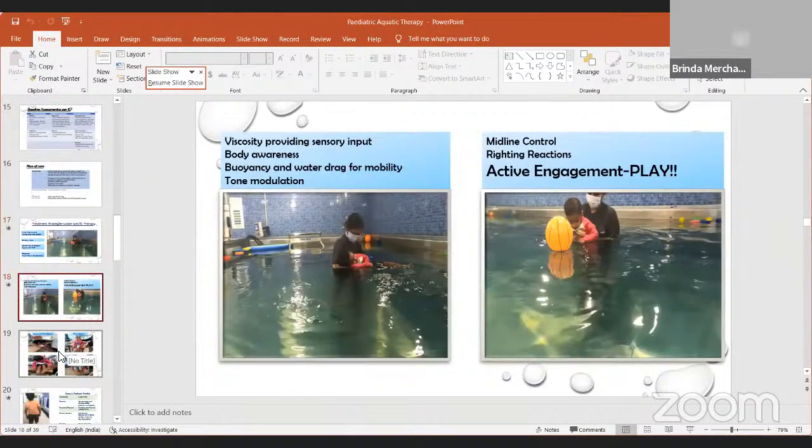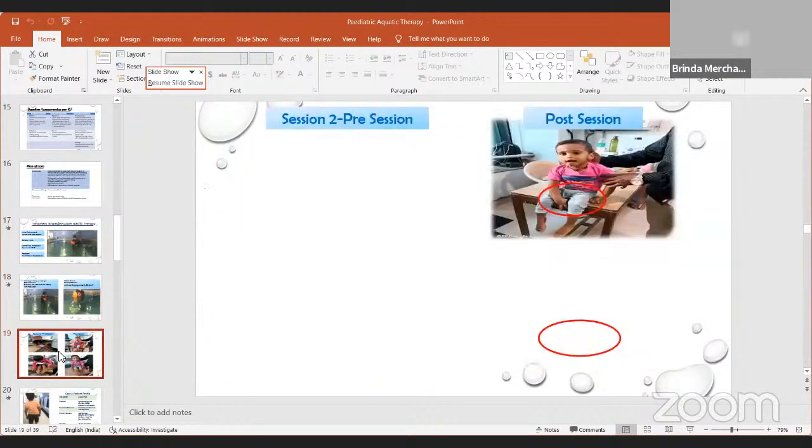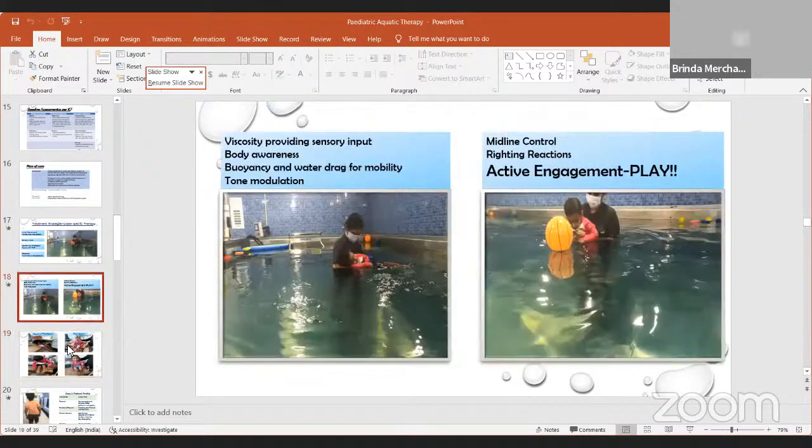There is immense body awareness provided. Tone modulation is extremely well controlled with water. If the child is spastic, we are really able to release the child very well and promote greater movement.